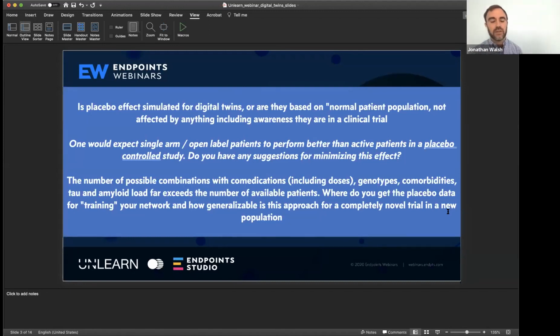No, that's great. And I think the goal is to be able to model a diverse population across the disease spectrum in Alzheimer's disease or any indication that we're working in. I'd comment that for completely novel trials in new populations, that becomes a real challenge because, as Charles said, you need data on the control population to be able to make confident predictions.